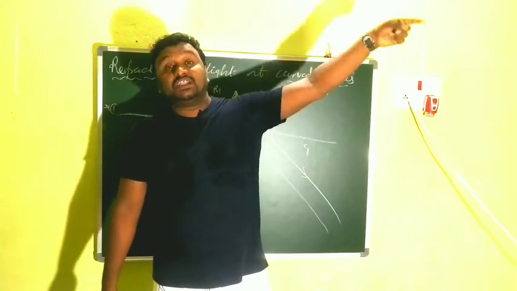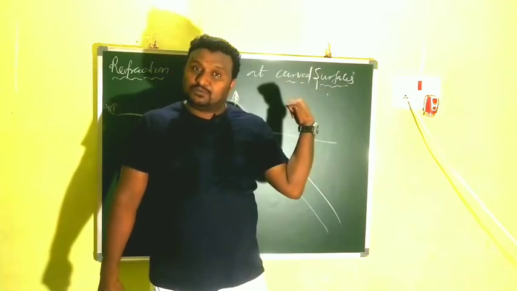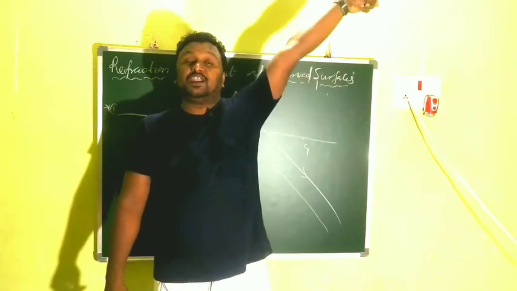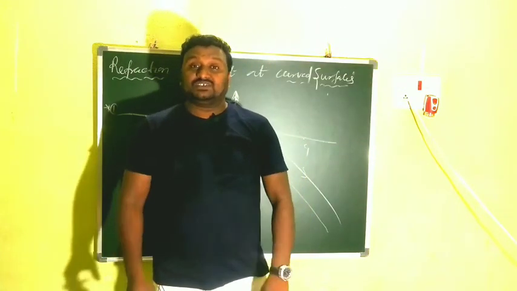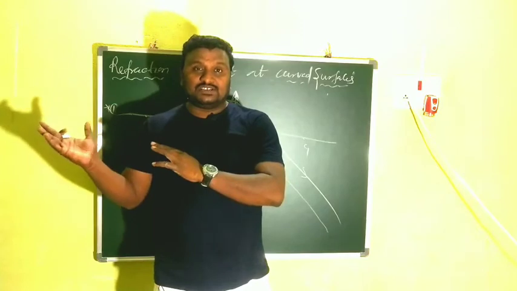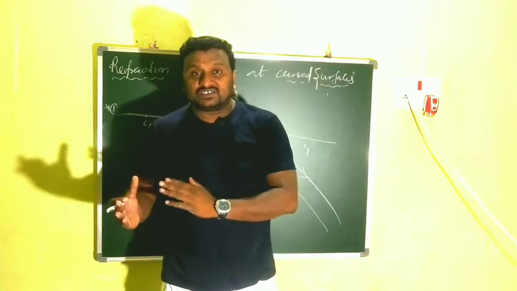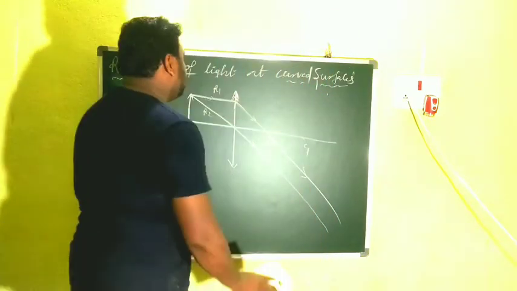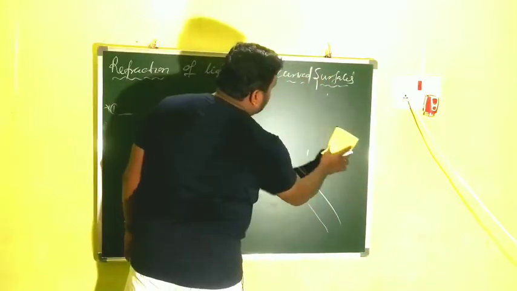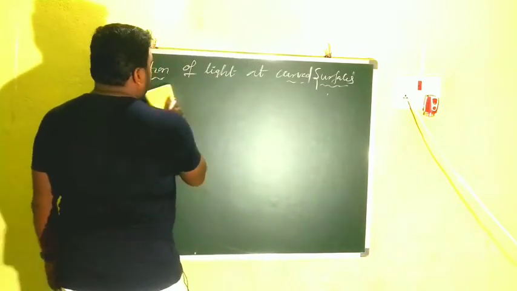There, when the object is at infinity we get the image at the focus, but in this case the object is at the focal point, that's why we are getting the image at infinity. Clear children? That's the difference here, don't confuse. If the object is at infinity we get the image at focus. If the object is at focus, we get the image at infinity. When the image is formed at infinity, we are unable to say the nature of the image. Clear children?